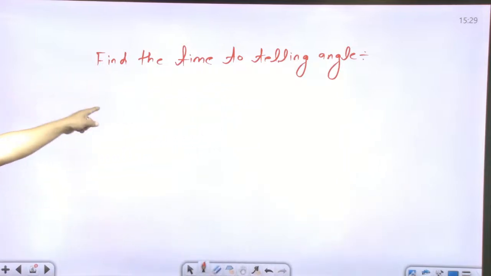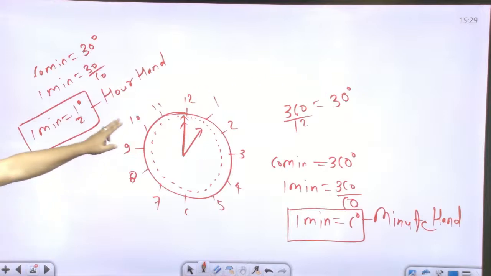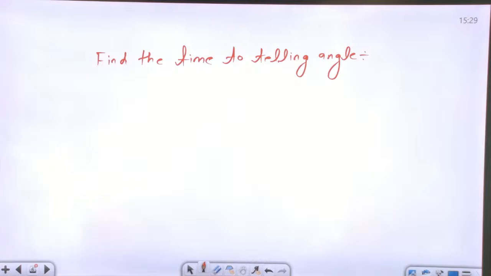We will discuss the concept of type second: find the time, given the angle. It's the concept of type 1, and let's start the concept of type second.